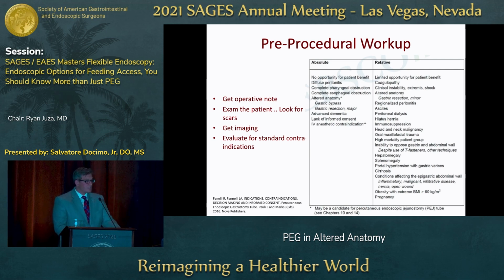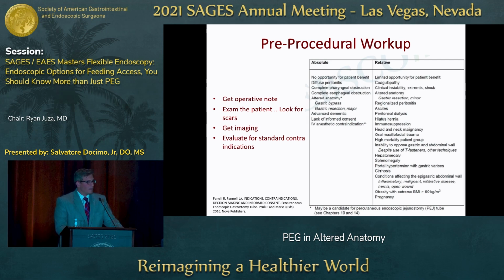Examine the patient yourself. Look for any previous scars, which are obvious indications that you need to get the operative note. In some situations where you need to put a PEG in a difficult abdomen, preoperative imaging may be of significant benefit. You can tell where the stomach may be sitting, if there are any issues with the colon, and if they had a Roux-en-Y bypass, whether it was anterior or posterior to the colon.